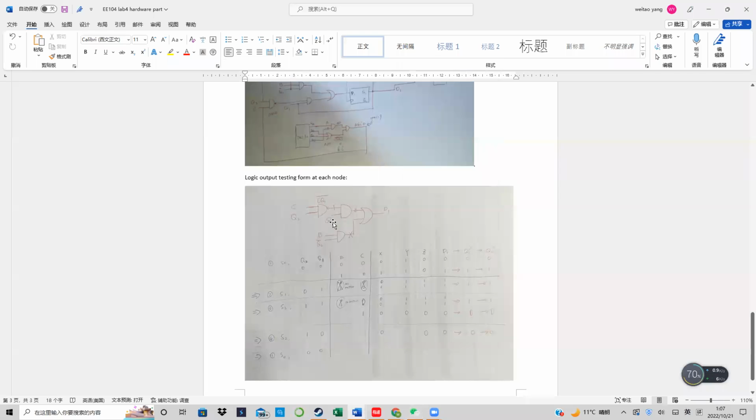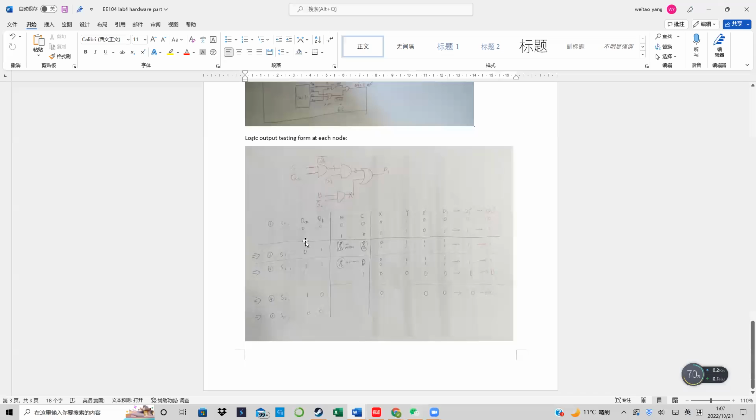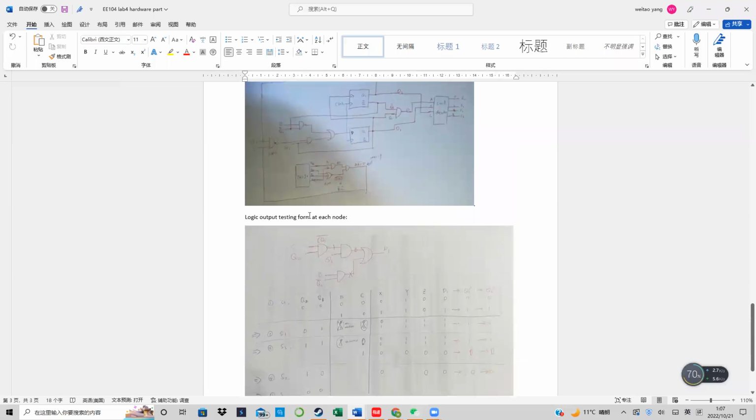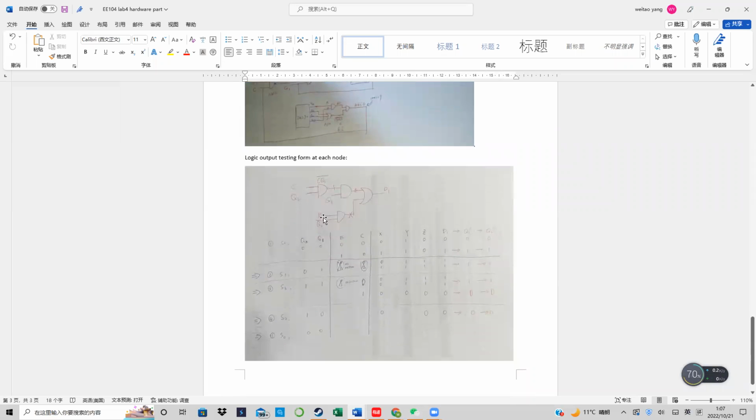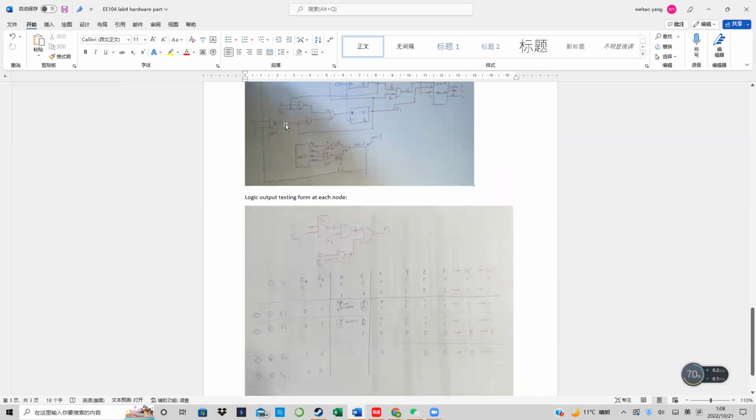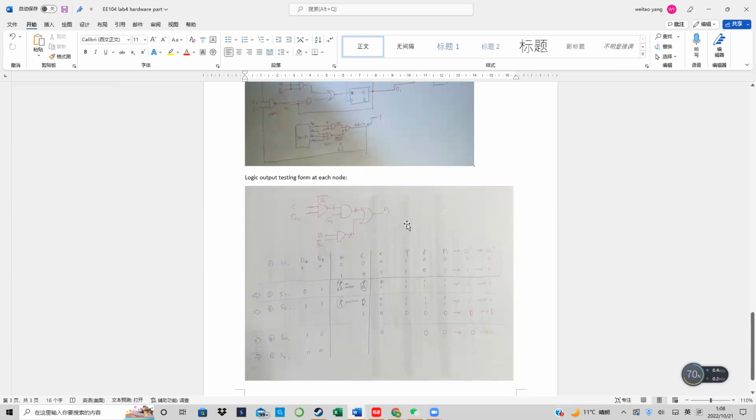Okay. Now let's go to the testing form right here. I simplified the circuit in this way. The B input and the Q2 go through the AND gate to node X, and here's node Y, and here's node Z. I tested the node outputs in my circuit to see whether the logic output was correct or not.